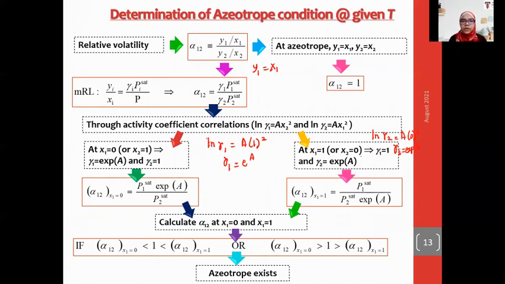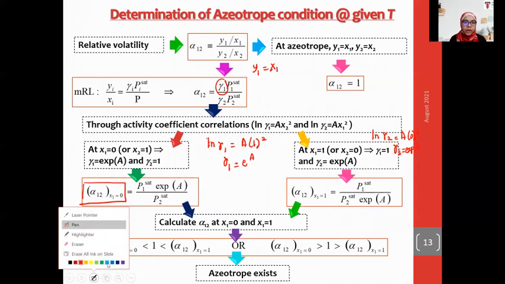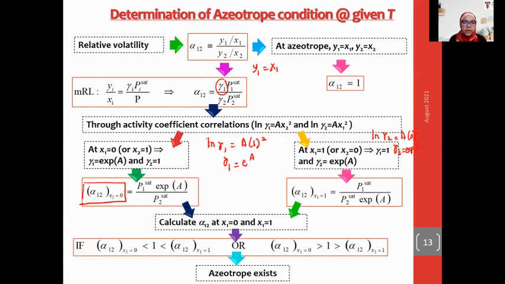So you may rearrange this, and then finally you can use this correlation, inserting this gamma 1, for the condition of x1 equal to 0. So we have two different values to obtain. First at x1 equal to 0, and second is x1 equal to 1.